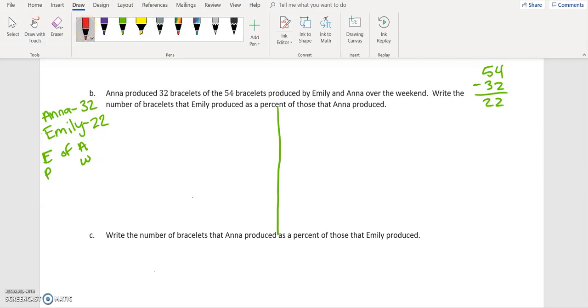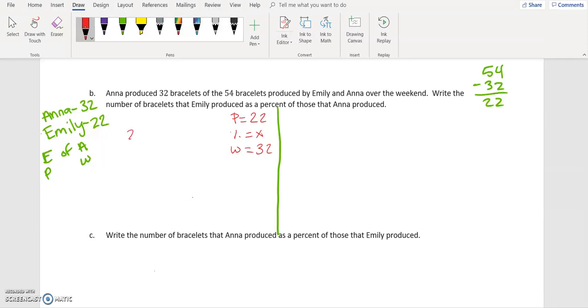So I like to write it right here. P is equal to, the part is Emily, and Emily is 22. The percent is unknown, and finally our whole was Anna, and Anna was 32. I find what I have in red easier to use than what I have on the left, which is more like scratch work.